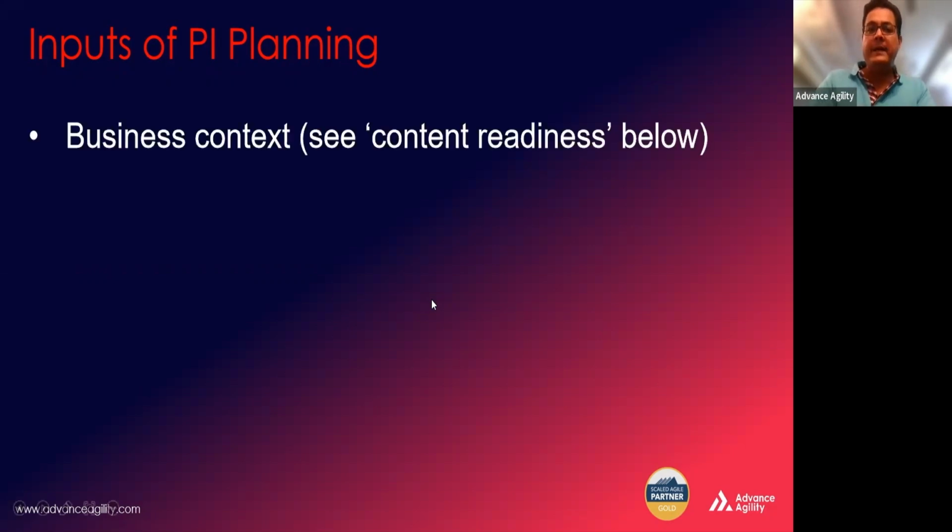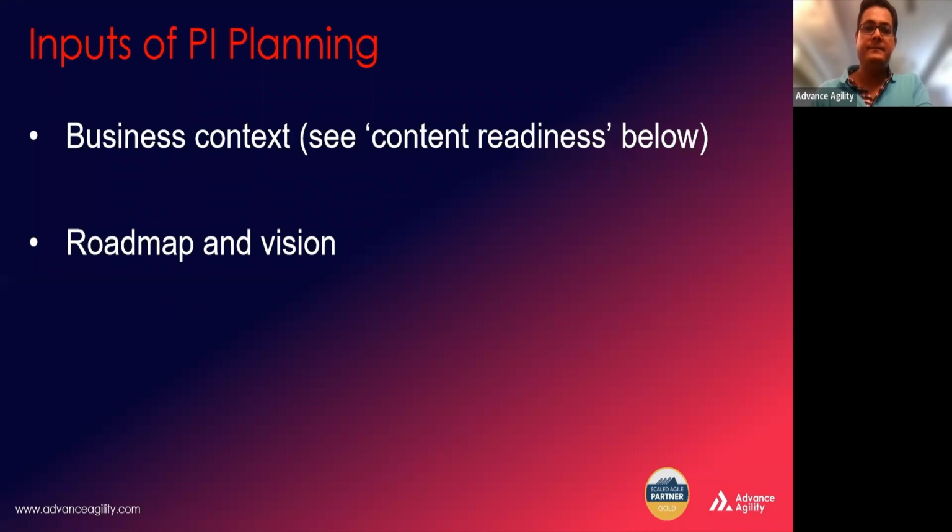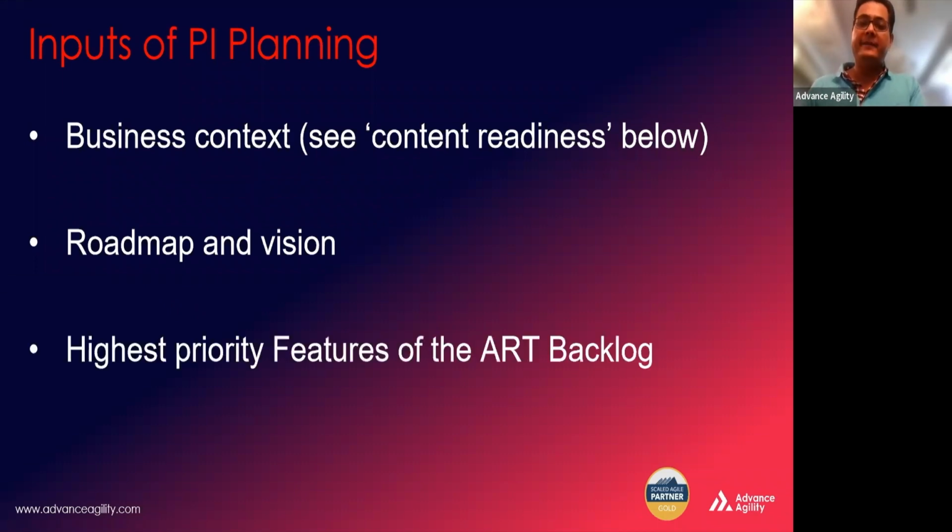So the inputs of PI planning are business context, readiness, the roadmap and the vision, and the top 10 features or top N features, the highest priority features of the ART backlog.